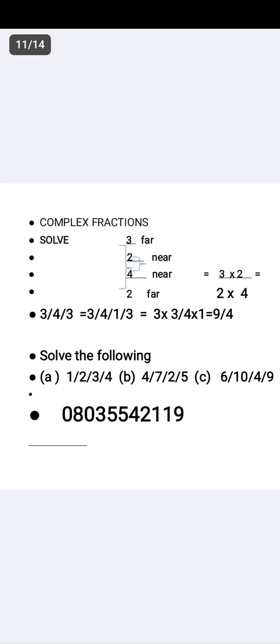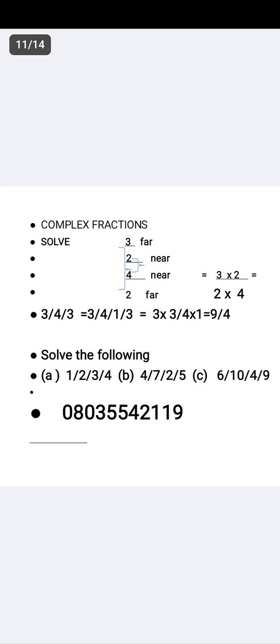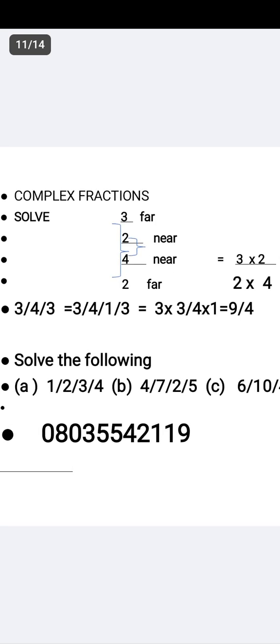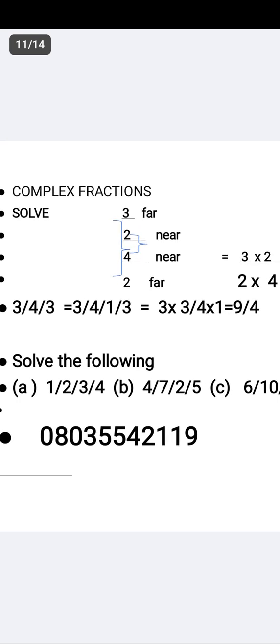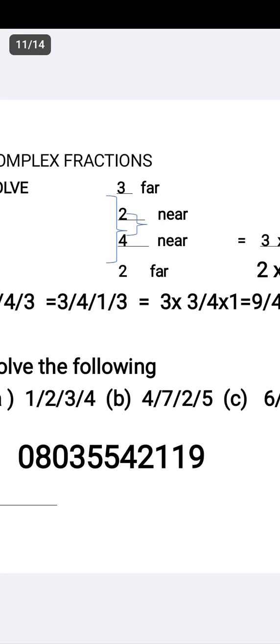Look at this question. Solve 3/2 over 4/2. It's a fraction upon a fraction. Another way of setting this question is 3/2 divided by 4/2.